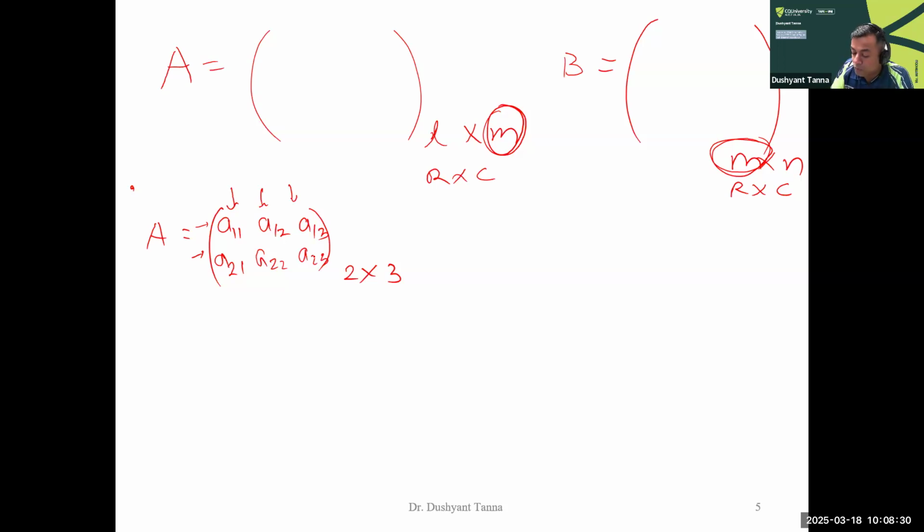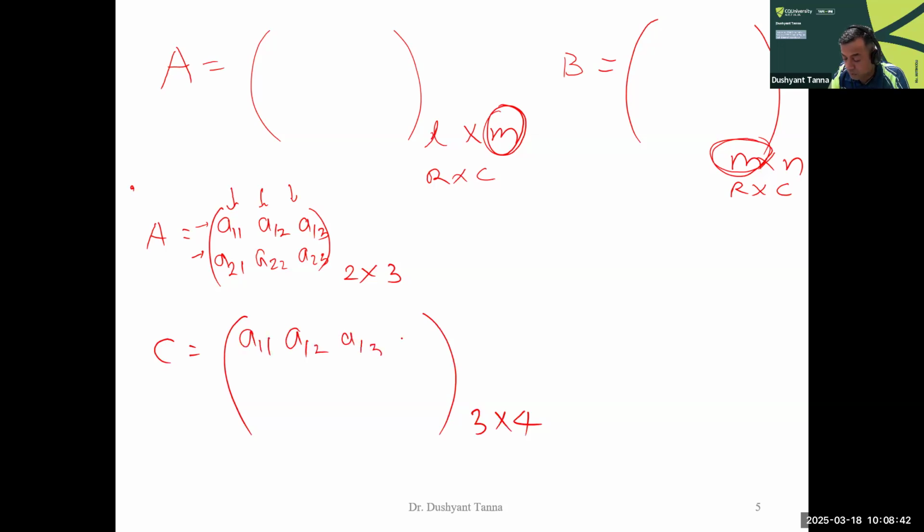If I want to talk about some matrix C, which is 3 cross 4, that means 3 rows and 4 columns. So A11, A12, A13, A14, A21, A22, A23, A24, A31, A32, A33, A34.